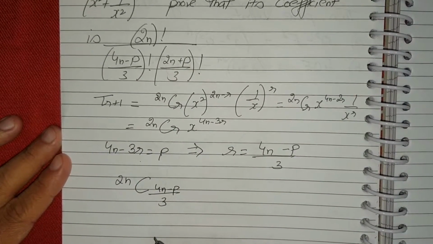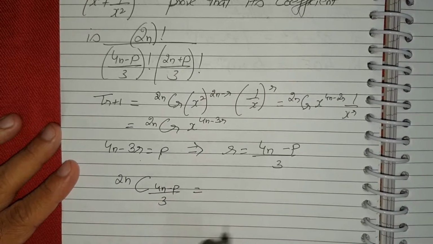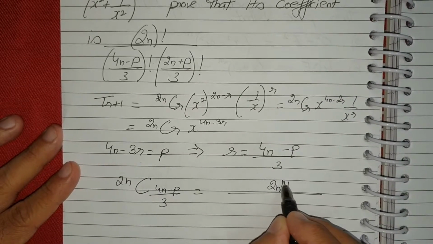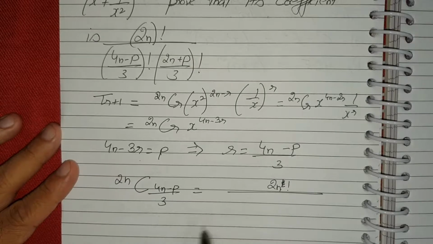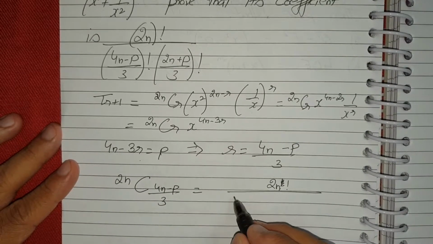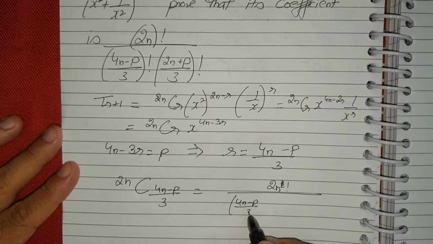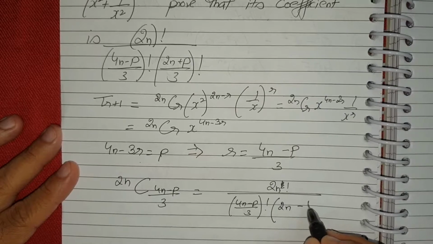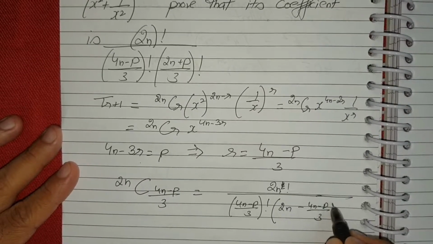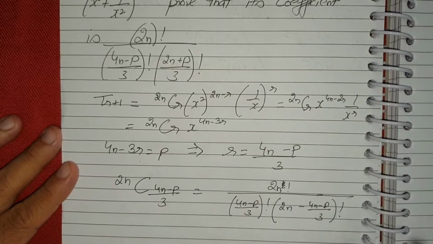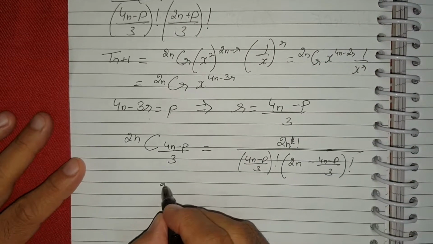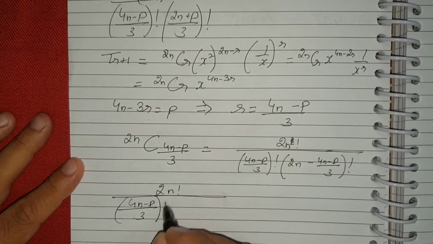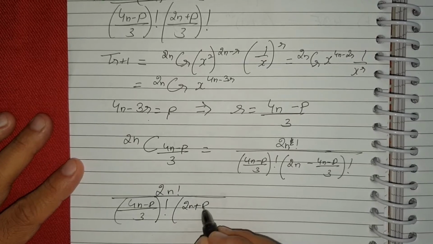So, this is the coefficient, which equals, now you have to solve this, 2n factorial upon r factorial, that is (4n minus p)/3 factorial, into 2n minus (4n minus p)/3 factorial. If you solve it, you will get the answer, which is 2n factorial upon (4n minus p)/3 factorial (2n plus p)/3 factorial.